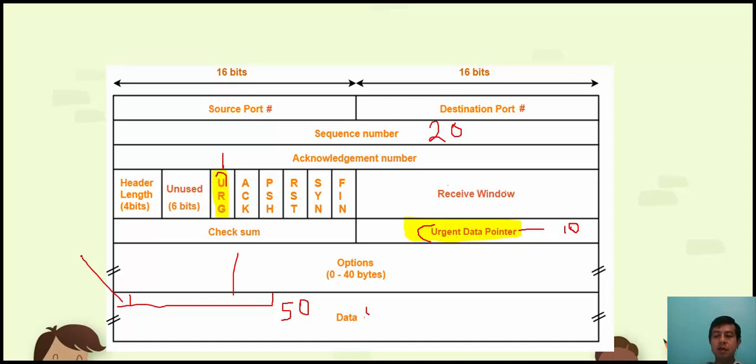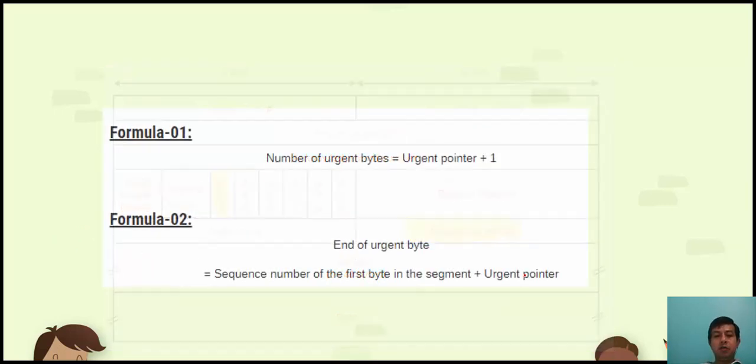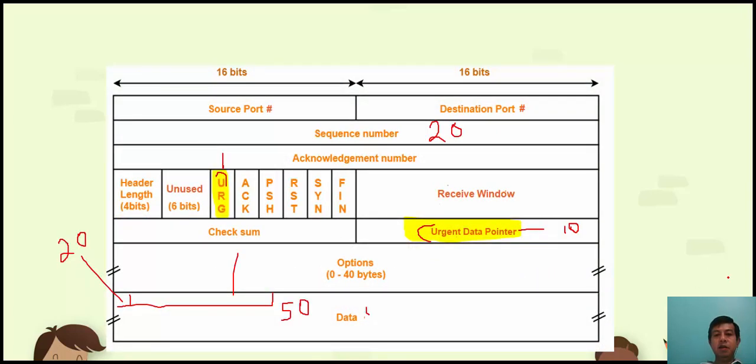This was discussed in the last lecture where we discussed sequence numbers. The sequence number indicates the number of the first byte. So 20 is the first byte. If I add 20 with the urgent pointer, 20 plus 10 is 30.